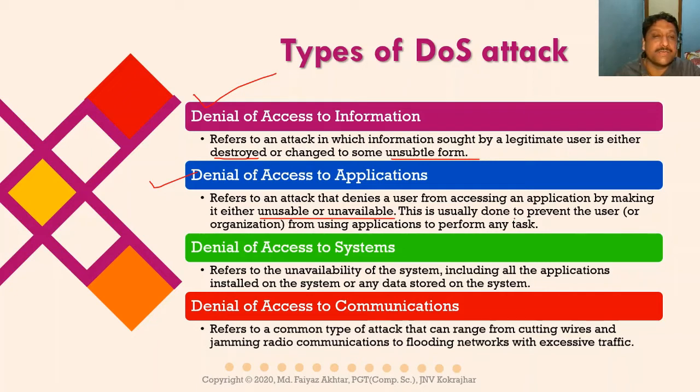This is usually done to prevent the user or organization from using applications to perform any task. Denial of access of system refers to the unavailability of the system, including all the applications installed on the system and any data stored on the system.